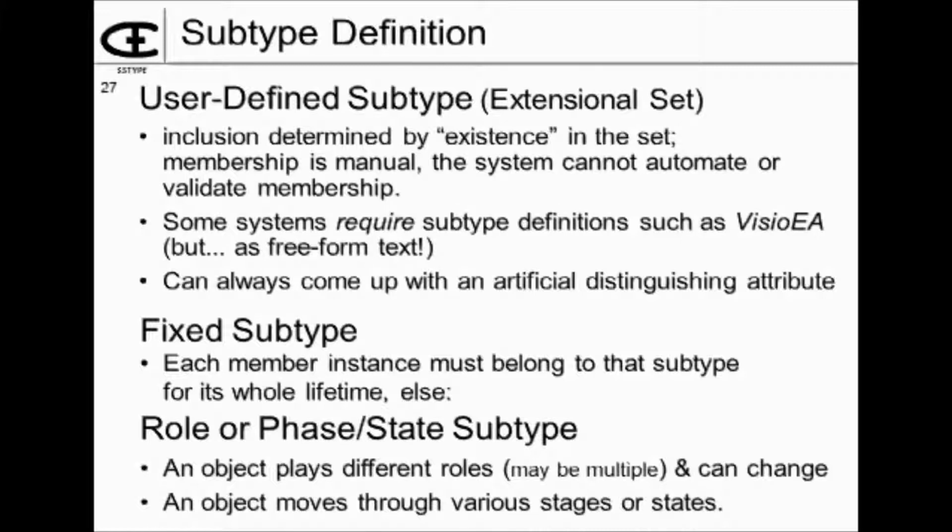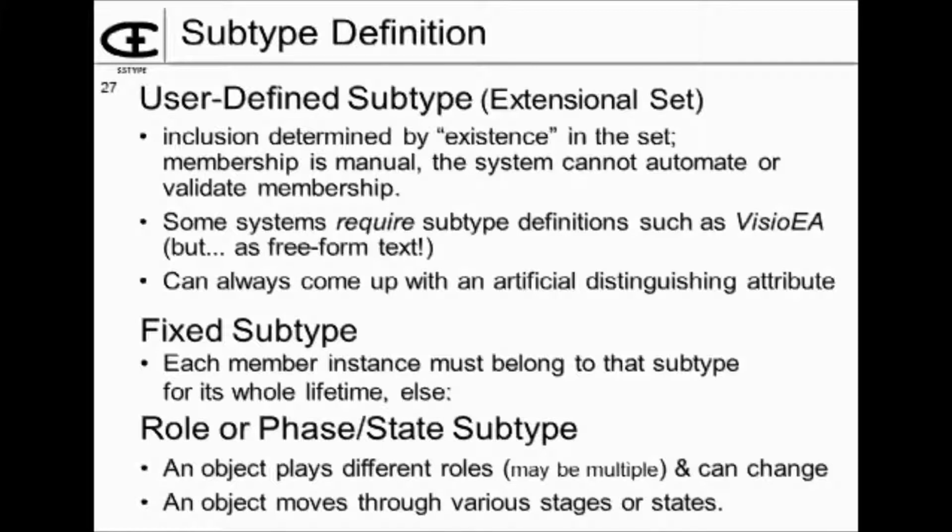That's what we mean by extensional. By mere existence in there, I've told you to go there, then you belong in that subtype. This is the database version of Jean-Paul Sartre's existentialism. The inclusion is determined by the existence of the set. Membership is manual. The system can't automate or validate membership.